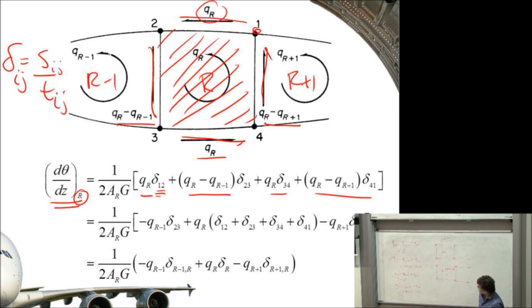We can rearrange that a little bit, and we get all the QR minus 1 bits together, all the QR bits together, and all the QR plus 1 bits together. So we've just rearranged the order of the terms here. We've moved terms in the middle to the left. We've moved this term to the left, and we've moved this term to the right, and all the others we've collected in the middle.